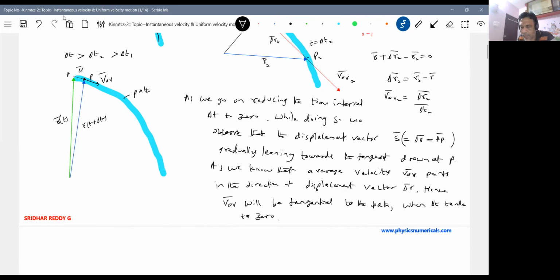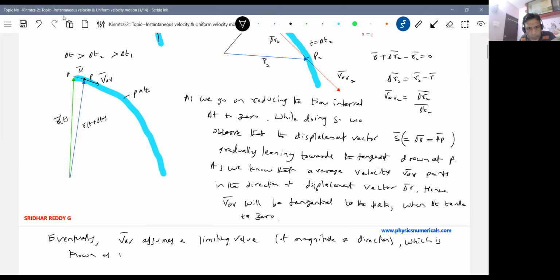So finally, eventually, V average assumes a limiting value of magnitude and direction, which is known as instantaneous velocity at the point P as shown.